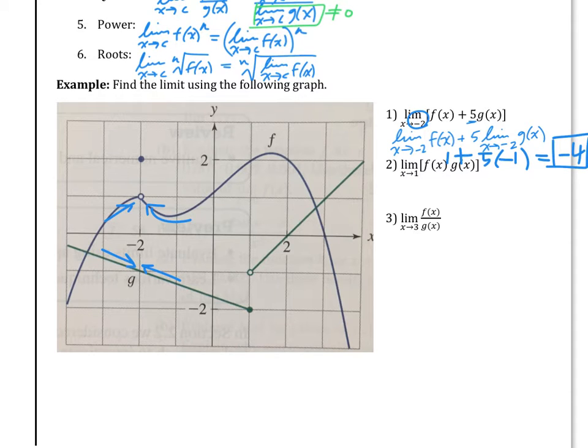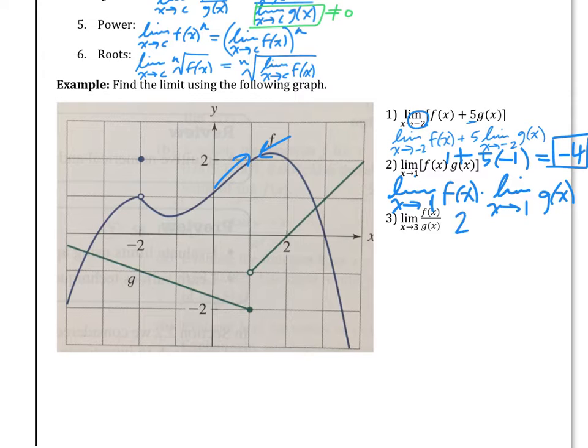Okay, second one, same idea. Limit as x goes to 1 of f times g. Again, f times g may be a little hard to figure out, so we can split the limit and then figure out the limit for each one. As x goes to 1 for f, that is 2.